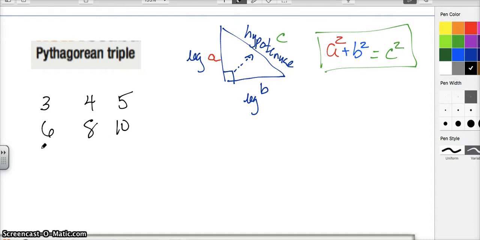If I multiply by 3, I get 9, 12, and 15. I can continue, riffing off what I'm going to call the parent triple. So Pythagorean triples are a series of 3 integers that fit the mold of the Pythagorean theorem. All right, cool beans.